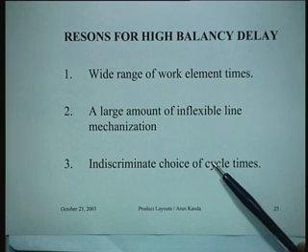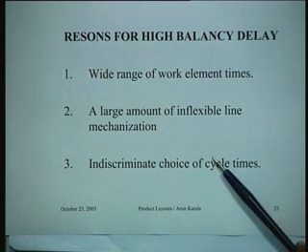And then indiscriminate choice of cycle times could also lead to high balance delays. What it means is, in our example that we considered, the feasible range of cycle times was from 7 units to 50 units. It's a wide range, isn't it?